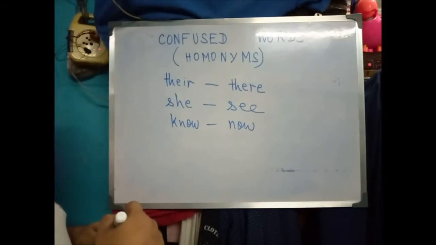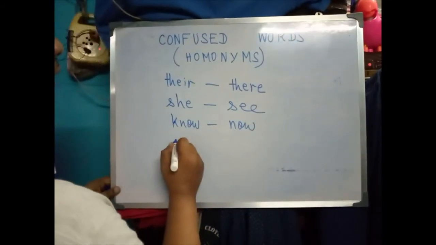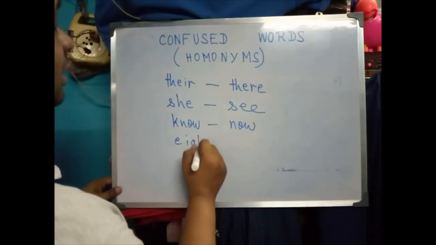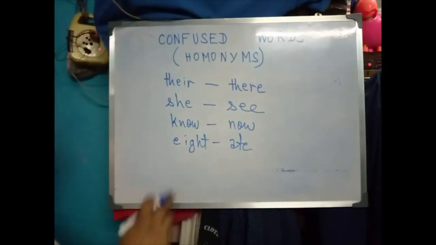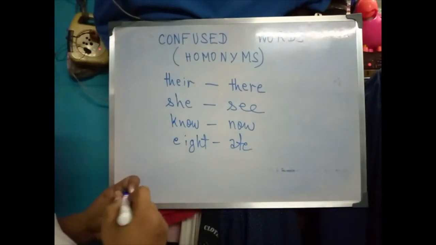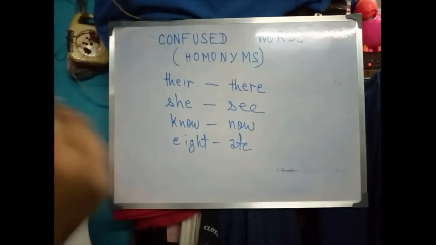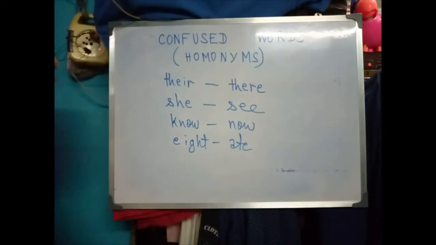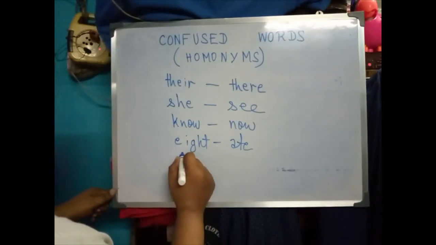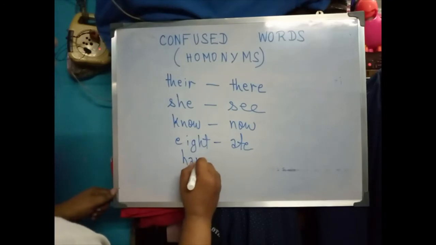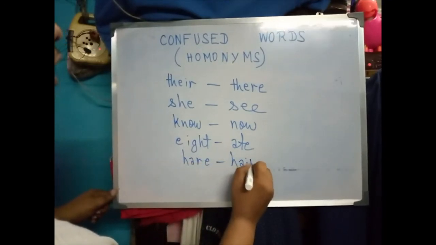More examples I am going to give you. E-I-G-H-T, eight, and this is A-T-E, ate. So this eight is a number in English, and this ate means we are eating something. Now H-A-R-E, hare, and H-A-I-R, hair.